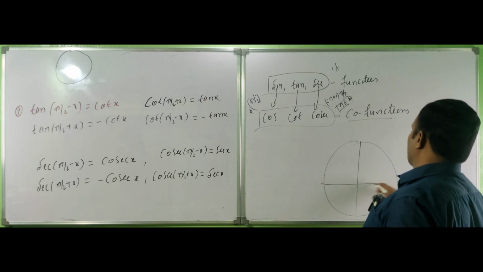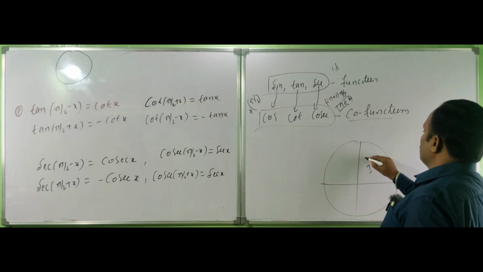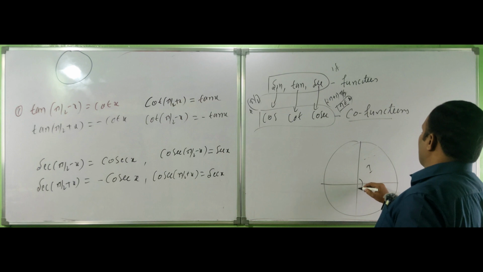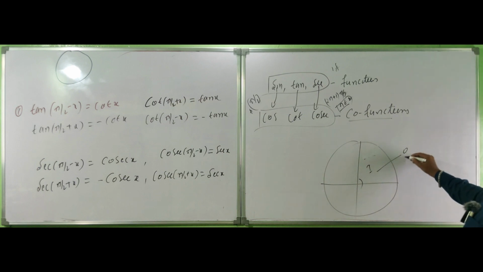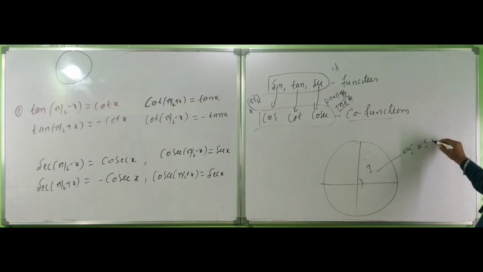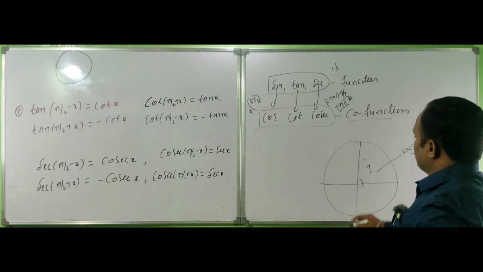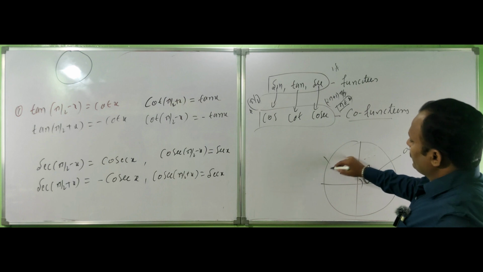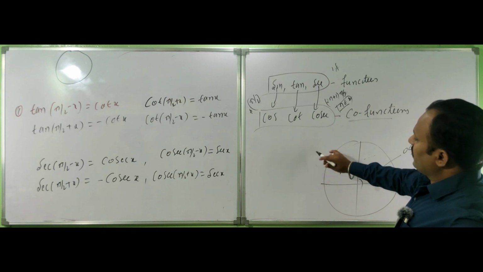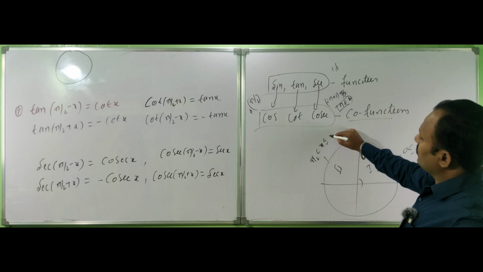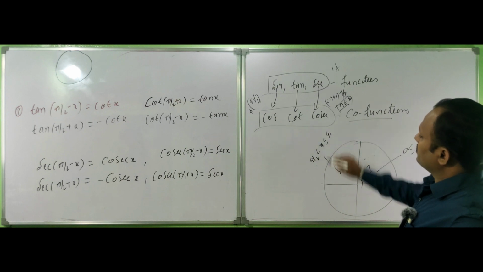This is the first quadrant: 0 is less than or equal to x less than or equal to pi by 2. This is the second quadrant: pi by 2 is less than or equal to x less than or equal to pi.